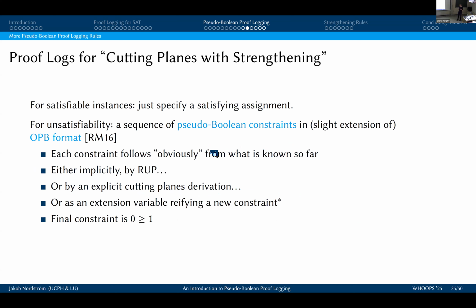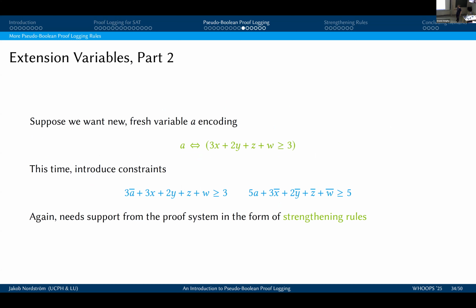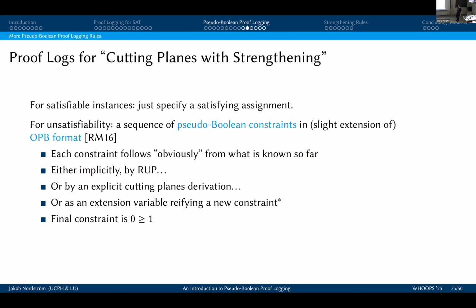So now in this proof system, what are our proofs? For satisfiable instances, you just give an assignment. For unsatisfiability, we'll now have a sequence, not of clauses, but of pseudo-Boolean inequalities, which we write in the so-called OPB format, which you've already seen on previous slides, where each constraint follows obviously from what is known so far, either by reverse unit propagation or by an explicit cutting planes derivation, or, as I did on the previous slide, I could also allow myself to just introduce new variables with reification.